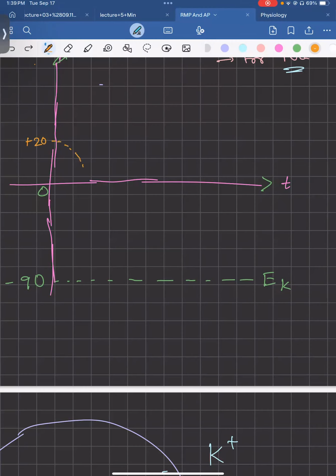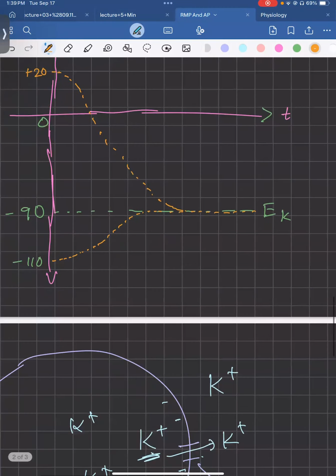Potassium leaves, makes the membrane more negative until it hits minus 90 millivolt, and then the movement ceases. Same, for example, if I made the membrane very negative, I made it minus 110. What happens? Potassium would come in, make the membrane more positive until it becomes minus 90, and then stop moving.